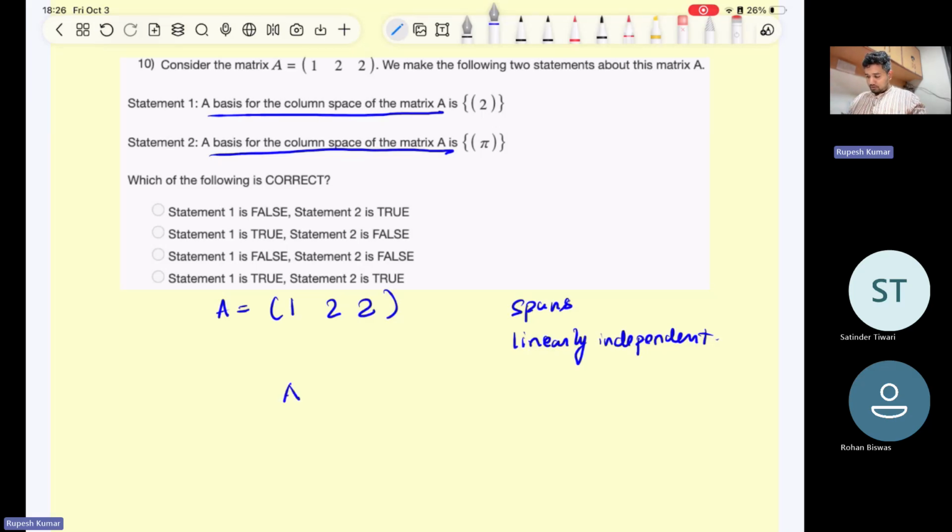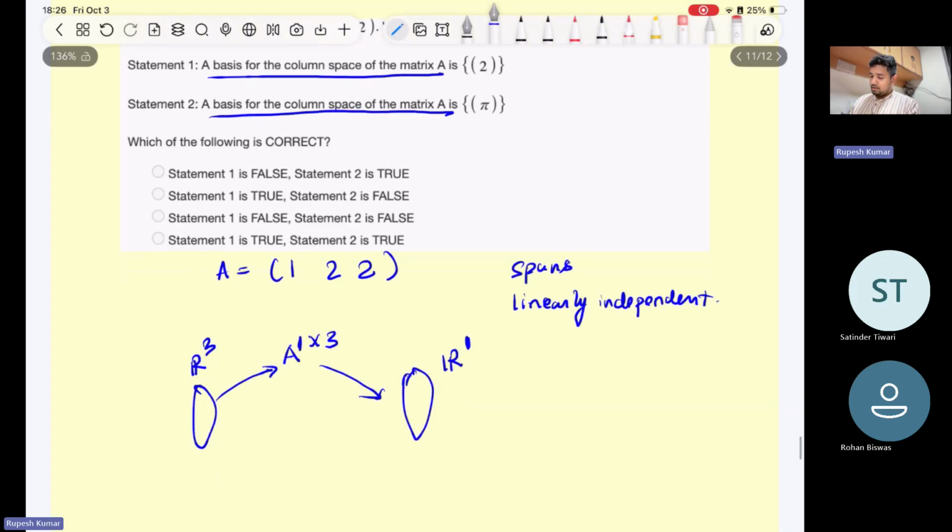We remember this, right? So let's say A is an M cross N matrix, and for our case, one row and three columns. So it maps vectors from R3 to R1. So what will be the basis of the column space?